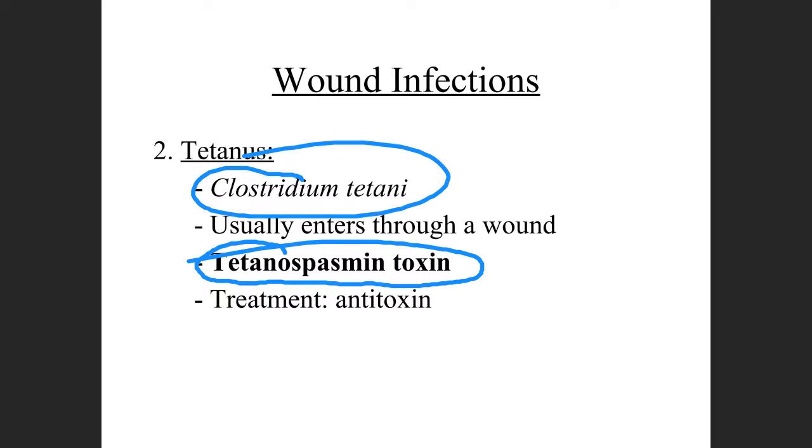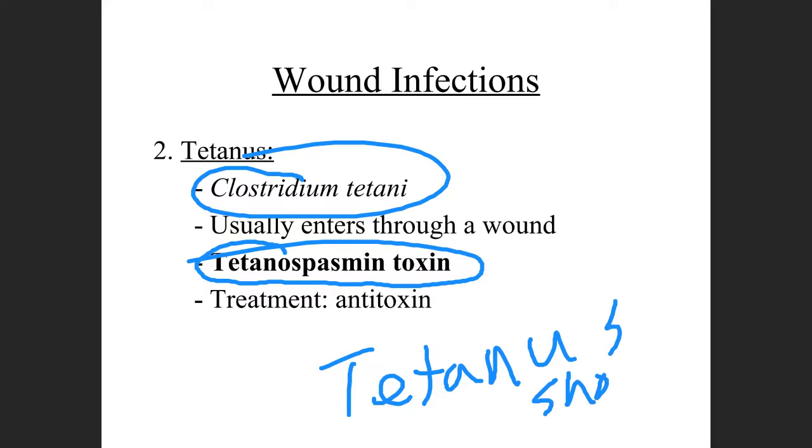Now, the best prevention from tetanus is to get your tetanus vaccine. Okay, it's a tetanus shot, and the tetanus shot is a toxoid, because what they're vaccinating against is not the bacteria but the toxin. And you're supposed to get a tetanus shot about every 10 years or so to boost your immunity.